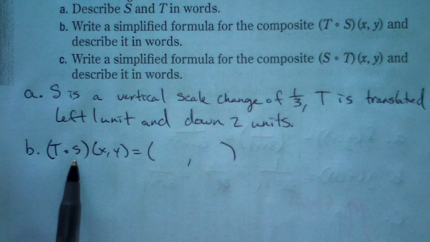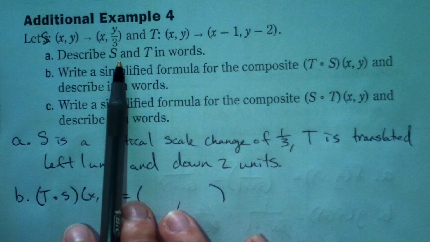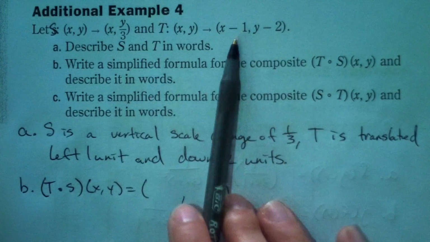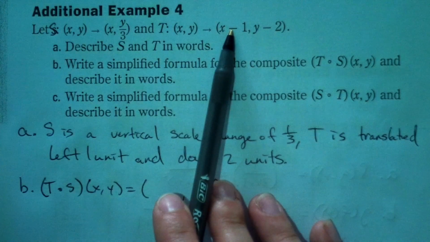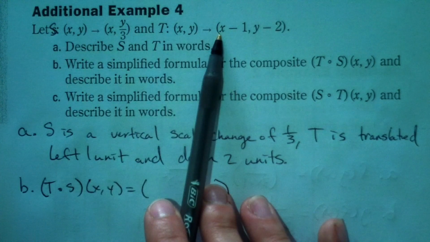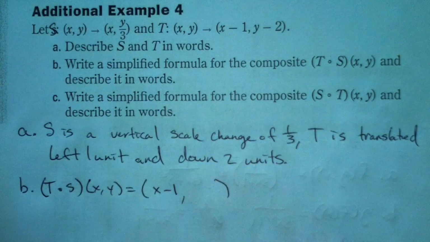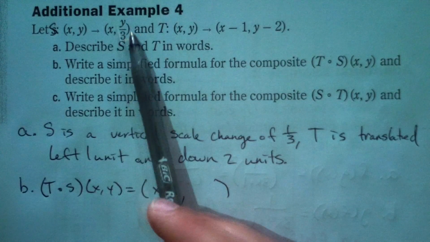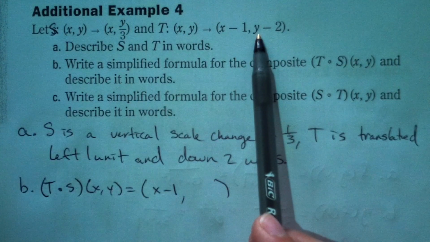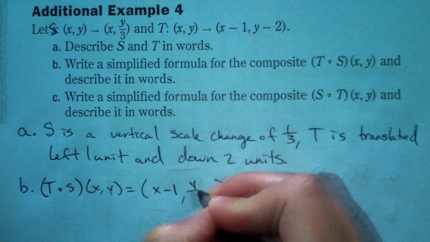So you would just say first is a translation, left 1 and down 2, followed by a vertical scale change of 1/3. So a lot of repeating the same wording there, but the order does matter, and it changes a little bit when you plug back in.